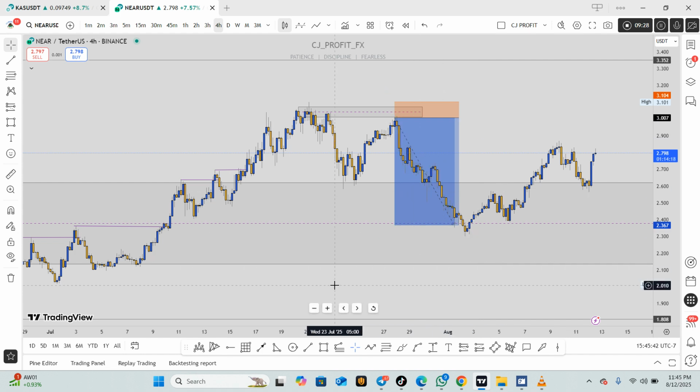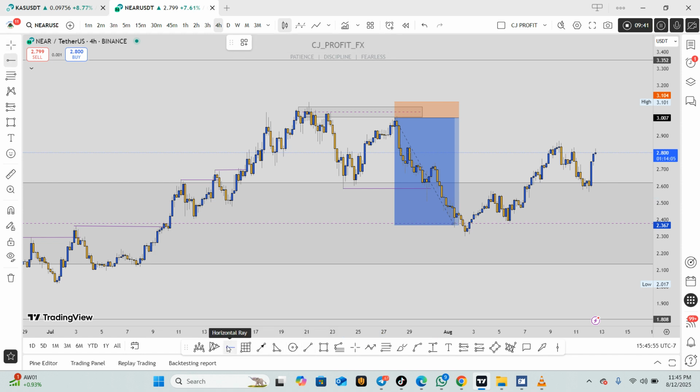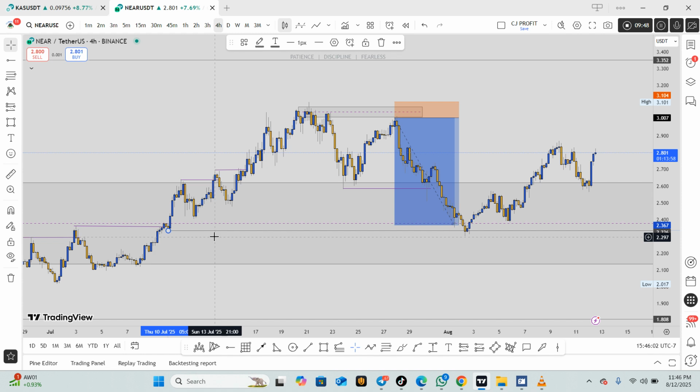So what are we expecting from this market? At this spot, we have a change of character, an internal change of character, and the market mitigated this demand zone.